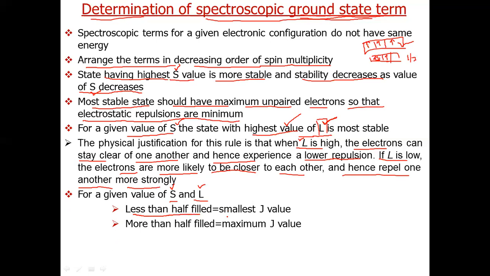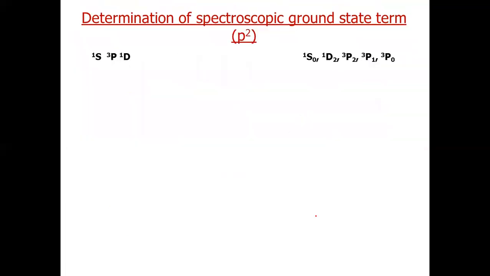For those systems, the term with smallest J value is more stable, and for the system which is more than half filled, the state with the maximum J value is most stable. Now let us apply these rules to find the ground state term for P2. Now these are three terms for P2 if we ignore the J values.